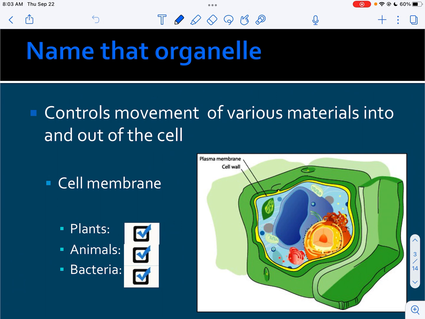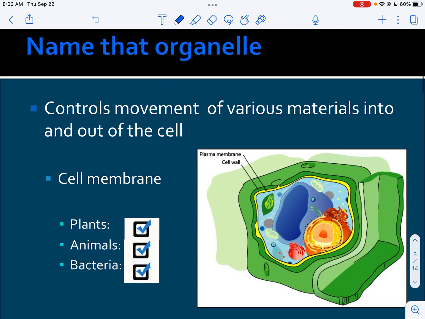So it's a phospholipid bilayer. Answer me this, do I want fats in my cell membrane? What do we know about fats when I put them in water? They don't dissolve, right? What's most of our body? Water, right? So most of our body is water, so that's a good thing that they're not going to dissolve.